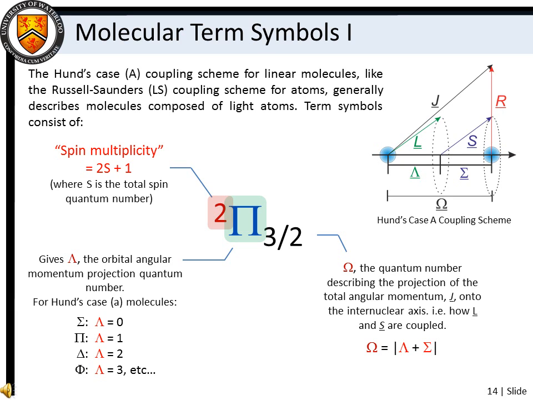Values of lambda equal to 0, 1, 2, 3, etc. give rise to sigma, pi, delta, phi, etc. molecular terms. Note the parallels between lambda and the atomic quantum number L. The subscripted value describes the total angular momentum projection quantum number, omega, which we've also seen describes how the orbital and spin momenta are coupled.